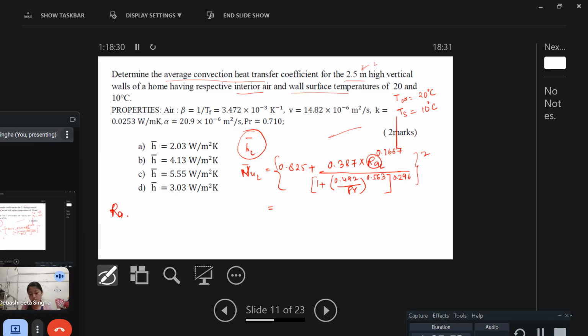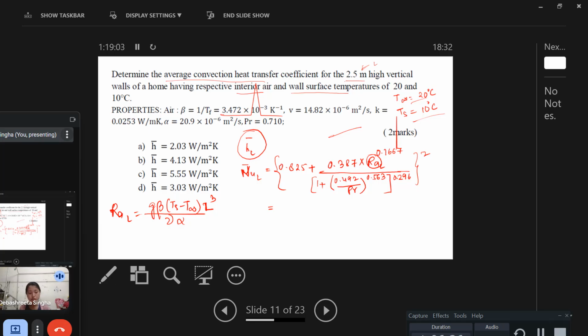So the Rayleigh number is calculated by g beta Ts minus T infinite, L cubed, where L here is 2.5 meter, then nu alpha. So g is 9.8. Beta is given as 3.472. Ts is given as 10 degrees, T infinite is 20.